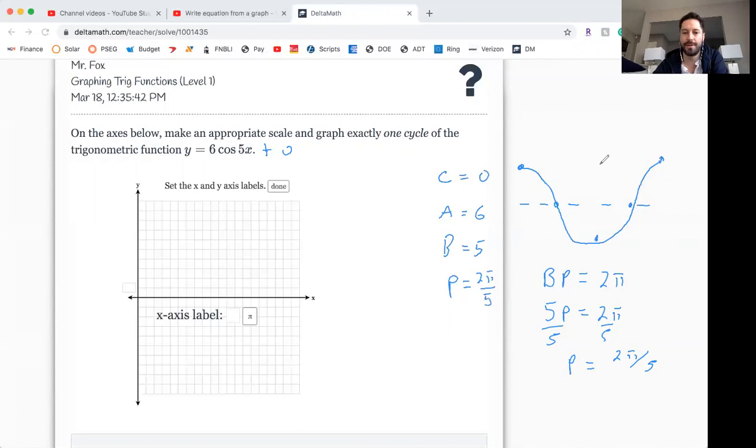And with all of this information, we can graph it. So first thing that we want to do is label the x-axis. So we need to have, just follow me on this, a 2 pi over 5, okay?